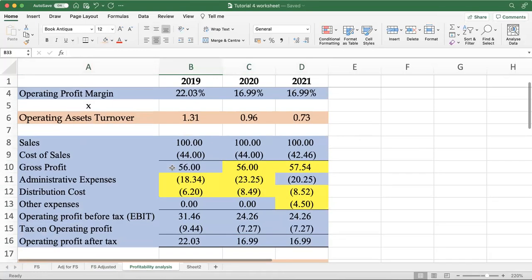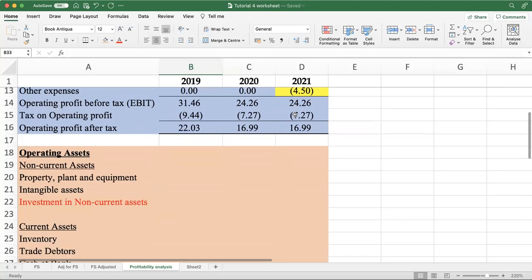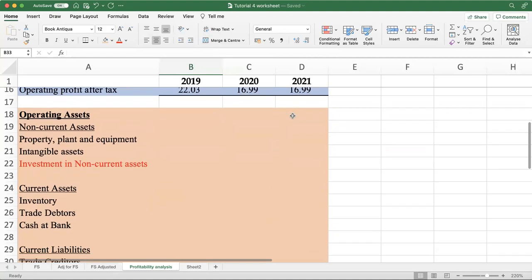Right. Now we are trying to find out the reasons for the decline in operating assets turnover. Now we have the operating assets items.